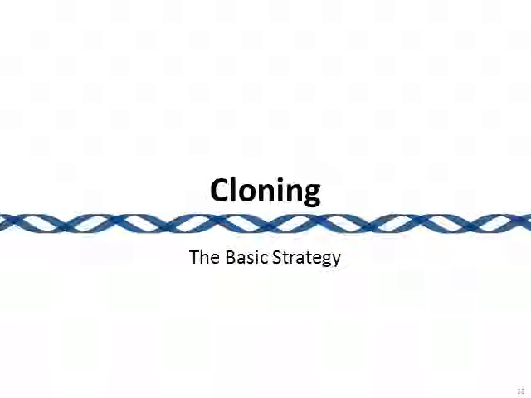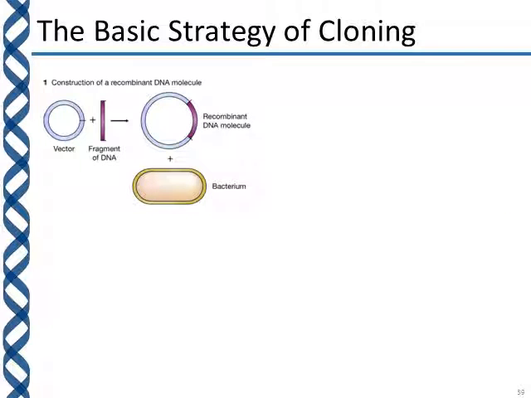Next, we'll present a very brief description of the basic strategy for cloning. Here we show the construction of a recombinant DNA molecule. We have a vector which is digested by a restriction endonuclease and a fragment of DNA.